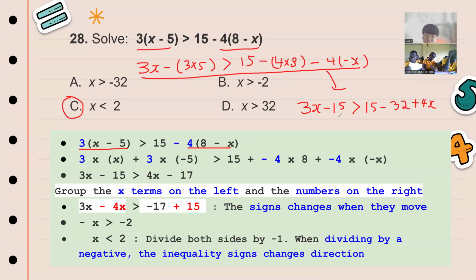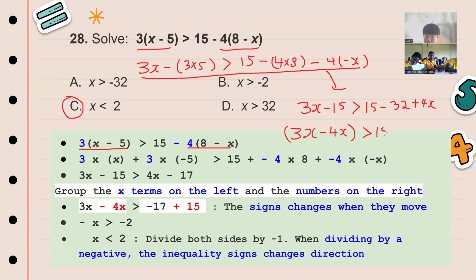Let's put all the x's on the left side and all the numbers on the right side. So we subtract 4x on both sides, 3x minus 4x on one side, and then we add 15 on the other side.